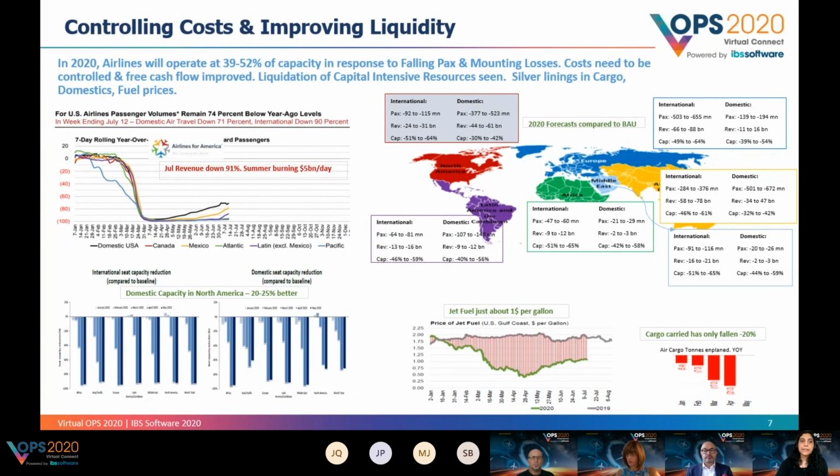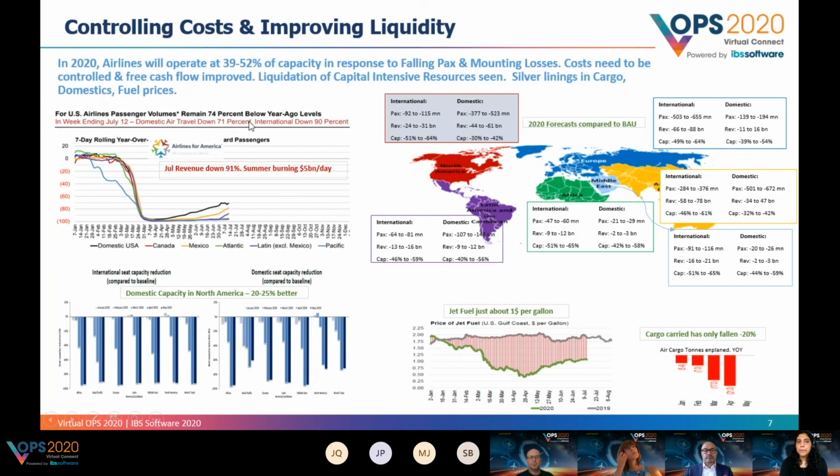And what you see here is that obviously in the short term, for example, in the US airline region, the July revenues were down 91%, and there was around $5 billion of burning during summer 2020. The amount of passengers carried was domestic down 71% and international down 90%, and this was at the week ending July 12th.